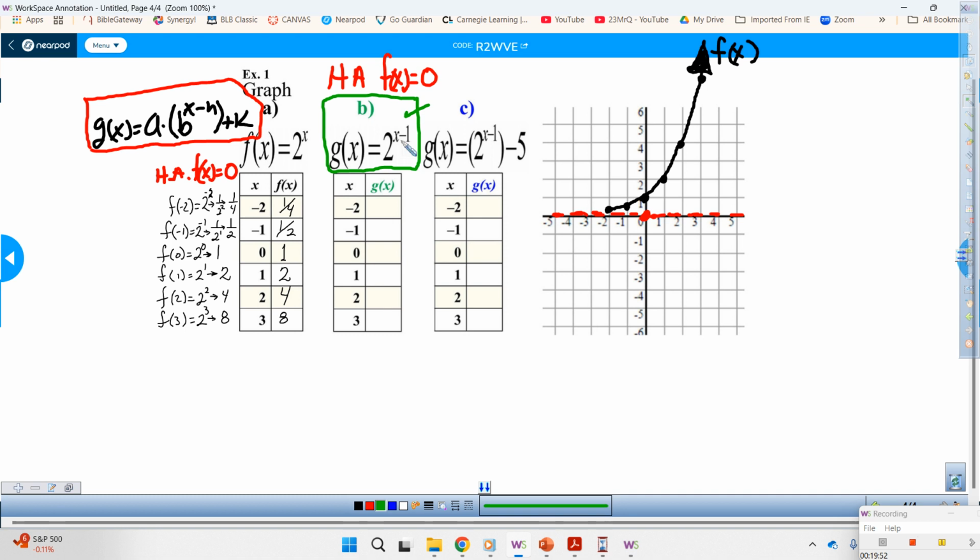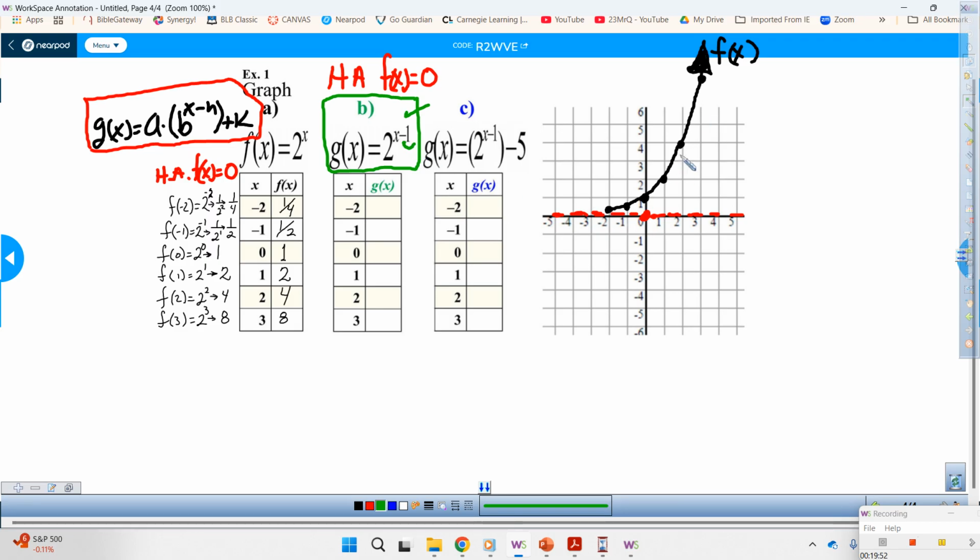Mario, pass to someone. Kelly. Just as Kelly's about to answer, we know that k moves it up and down and h moves it side to side. Is that correct? So that means this one's going to move it which direction, Kelly? To the right, how many steps? That is correct, 1 to the right.